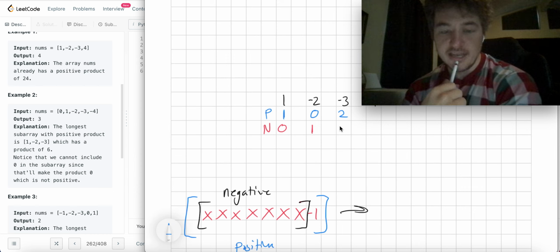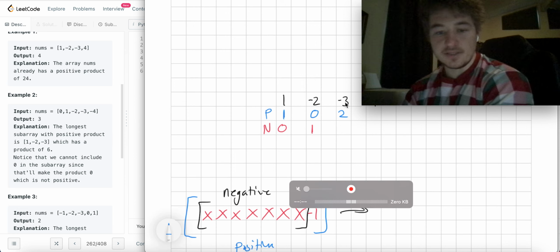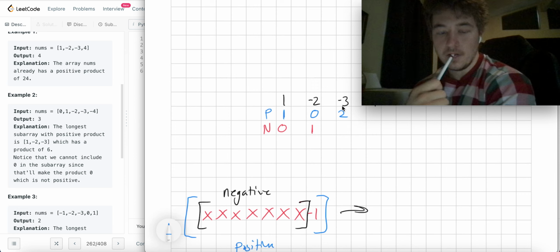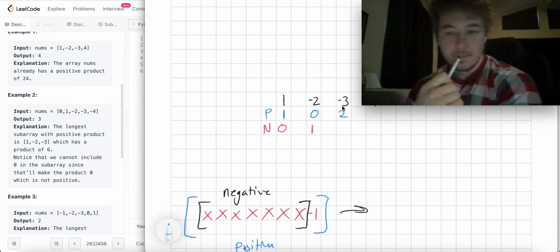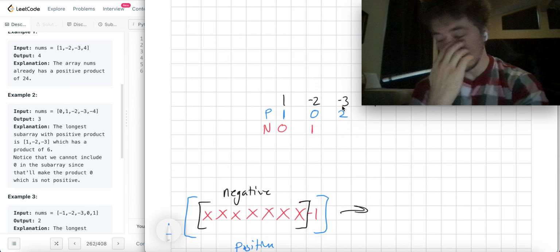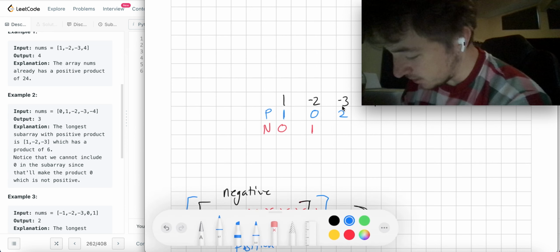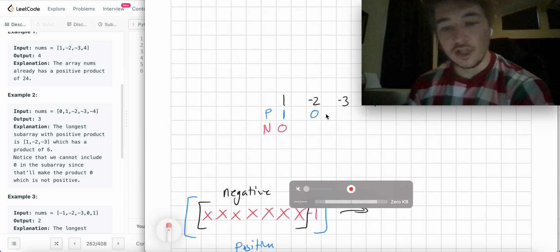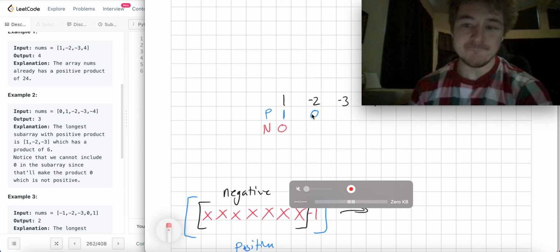What's the longest negative subarray? Plus, this isn't right because okay, I messed up. I messed up big time. I apologize. So the longest positive here is 0, right?